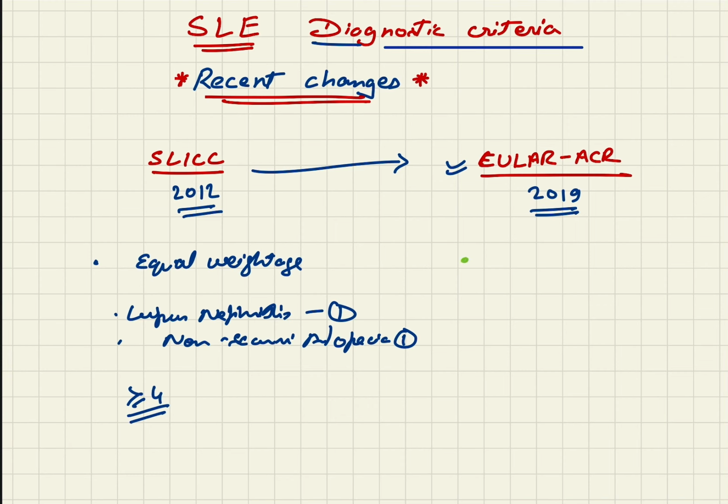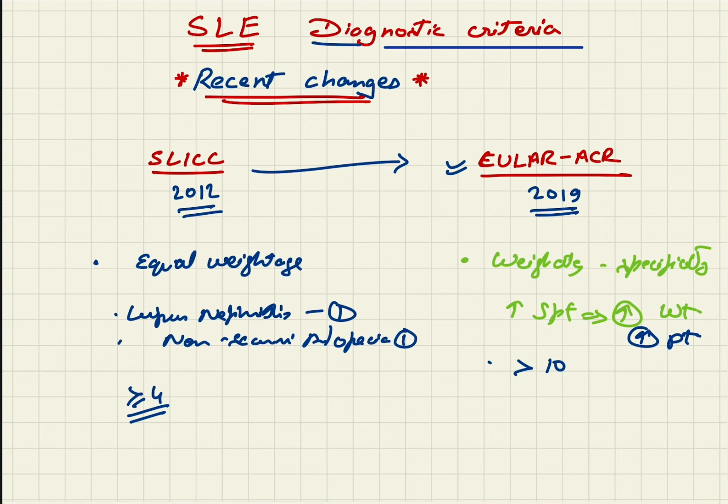In this, there is no equal weightage; the weightage is given according to the specificity of the symptom. The more specific the symptom is, the more the weightage, or we can say the more points. And if the points are 10 or more, we can diagnose the patient as SLE.